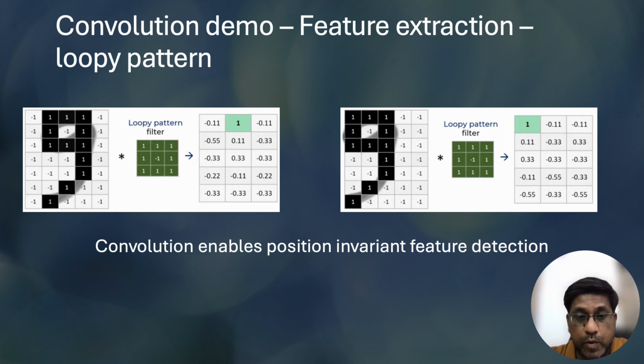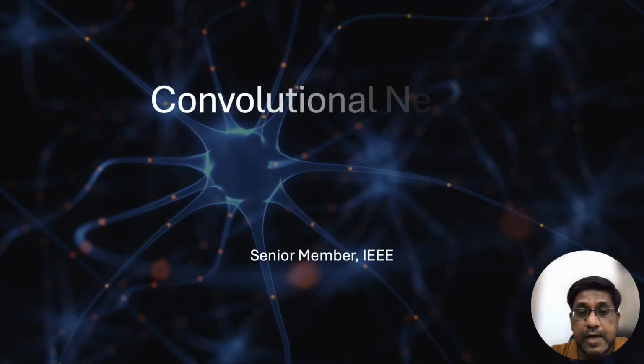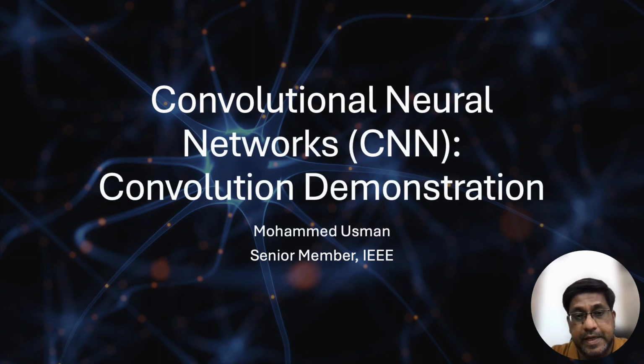So going forward, we will see what are the remaining aspects of the CNN layers. Of course, apart from convolution, there are certain other functions also being performed within the convolutional neural network. So we will see what are those other operations performed by some other layers within the CNN, and how those operations are useful in achieving our end goal of being able to classify or identify certain objects or images, or objects within the images or the image as a whole, or to detect or identify certain objects within the image, and so on and so forth.